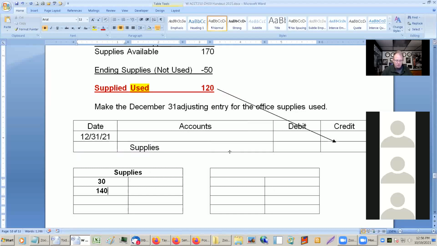So the total sitting in the supplies account at the end of the year was 170. You ask somebody to go out and count up how much is in the ending supplies, they come back and say 50. So you had to figure out, okay, how much of these supplies did we use? We don't have 170 anymore. We only have 50. So how much of these supplies were used up? That's what we have to decrease the account by. What was used.